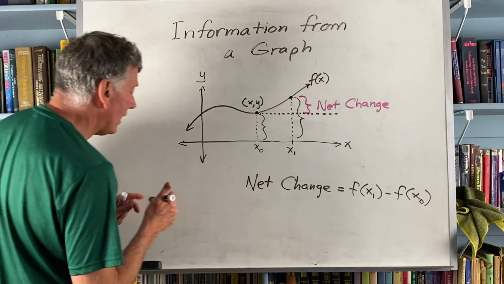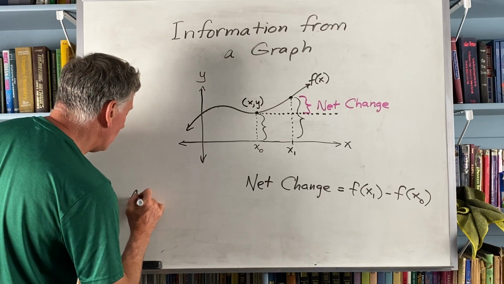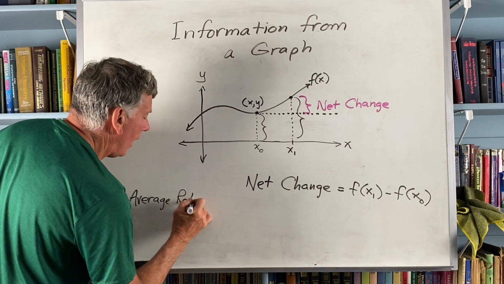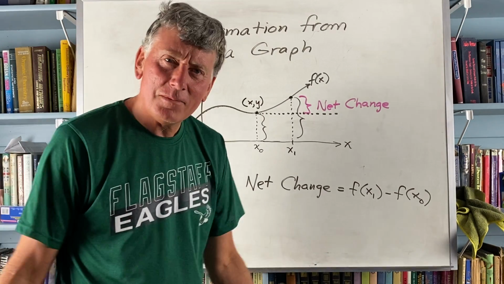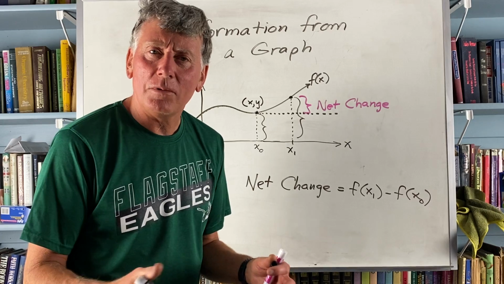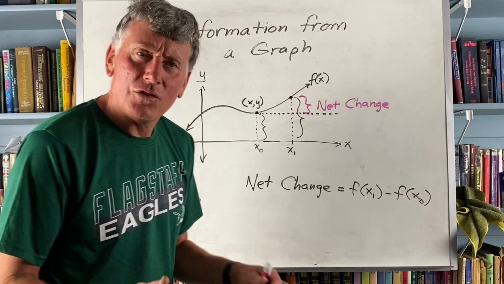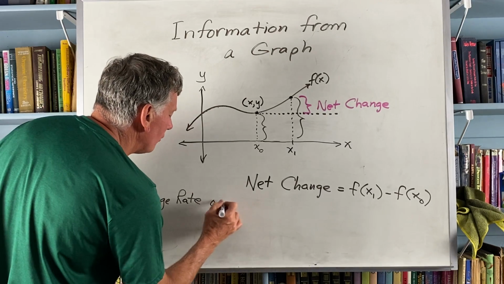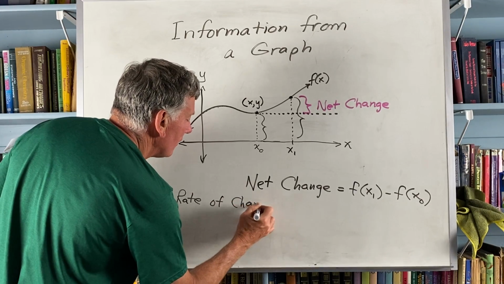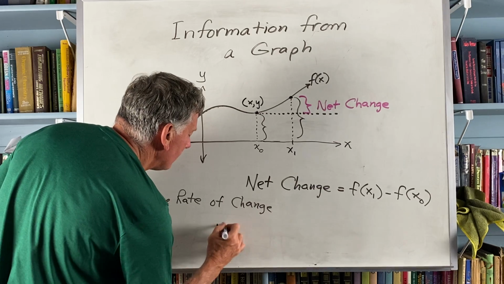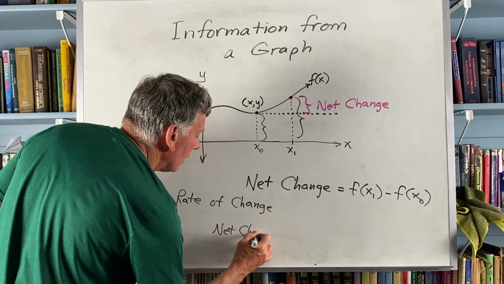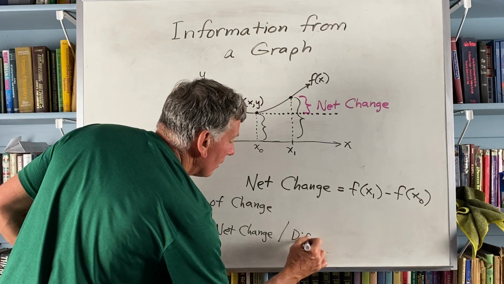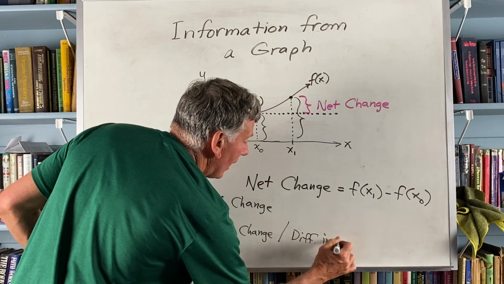Then if I want the average rate of change, I hope that you are thinking, why is he doing something that is so simple? And yet it can be confusing. So pay close attention. The average rate of change is simply the net change divided by the difference in the x values.